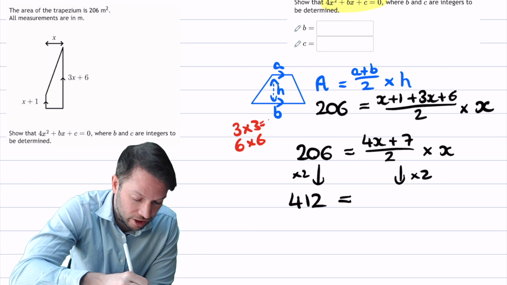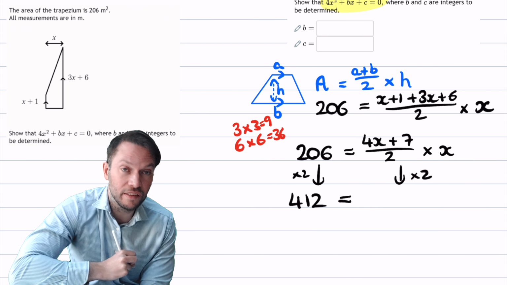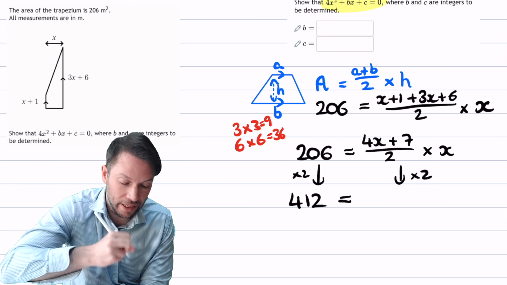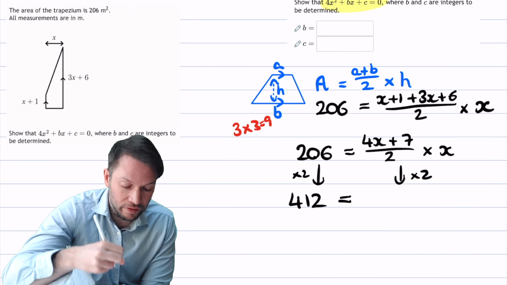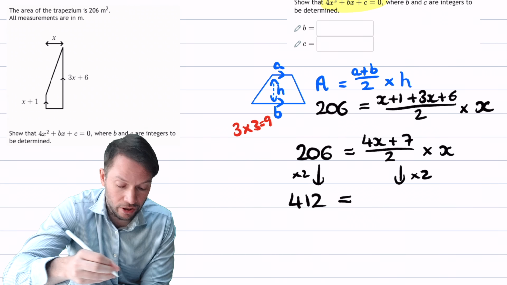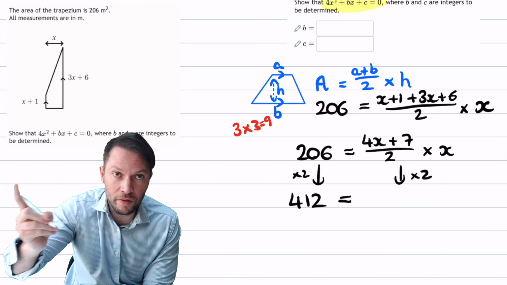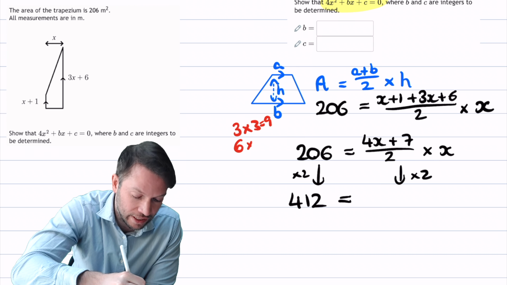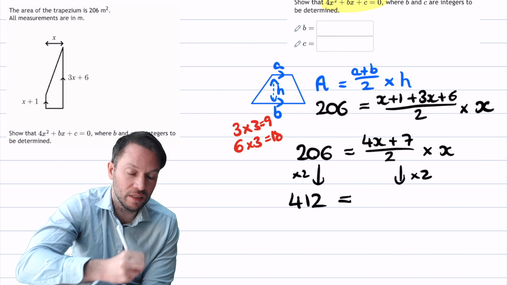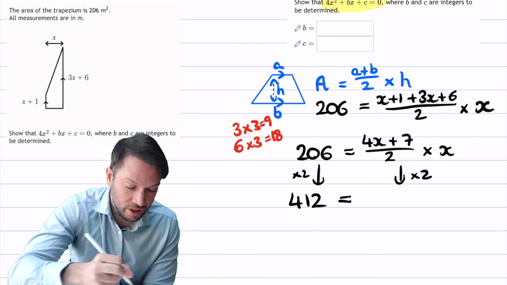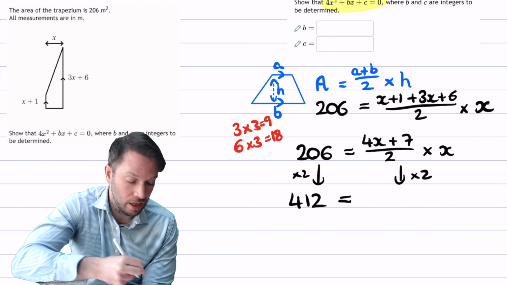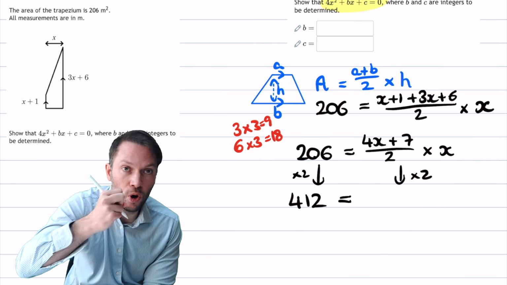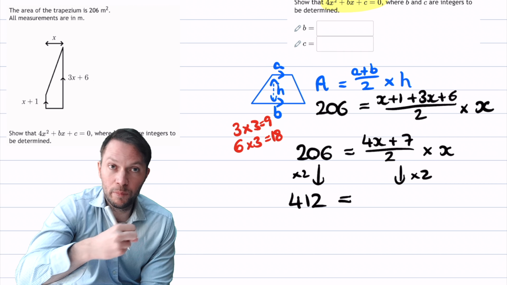Look, 3 times 3 is 9, 6 times 6 is 36. The 36 is 4 times as big. So really what you want to do is if you want to multiply this value by 2, you only multiply one of the things in your product by 2. So if I multiply the first 3 by 2, I get 6 times 3, and that would indeed be twice as big. So if I want to make this twice as big, I either make this twice as big or the x twice as big, but not both.